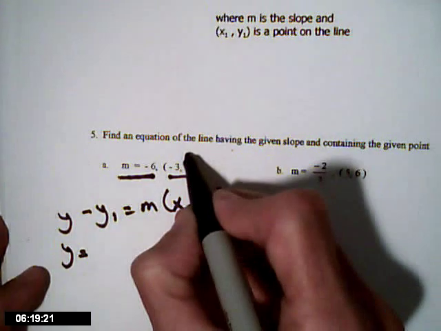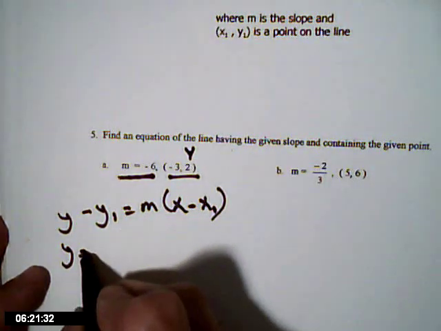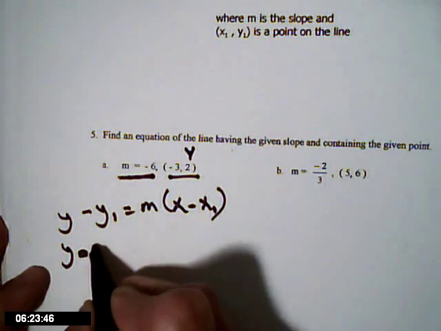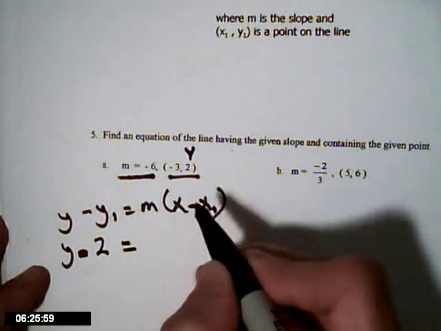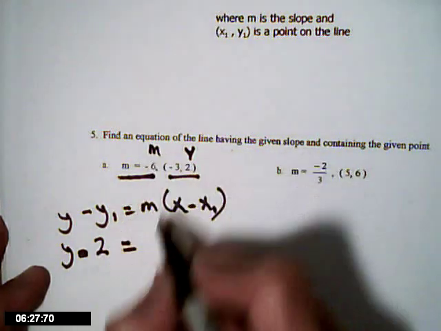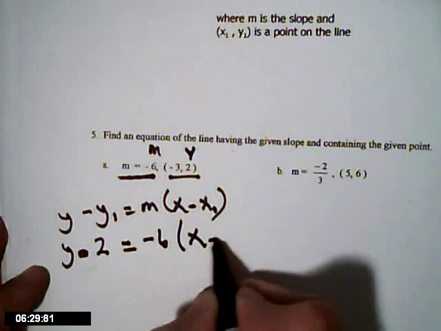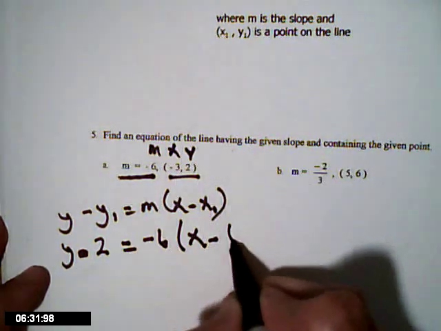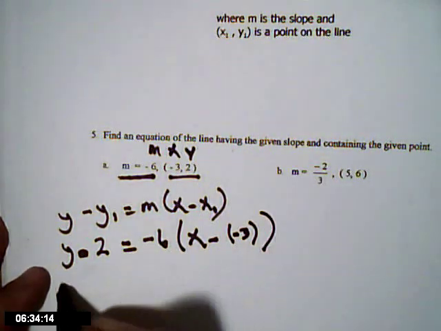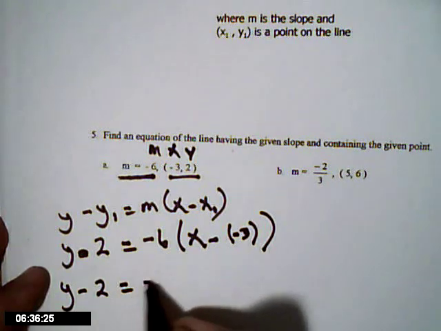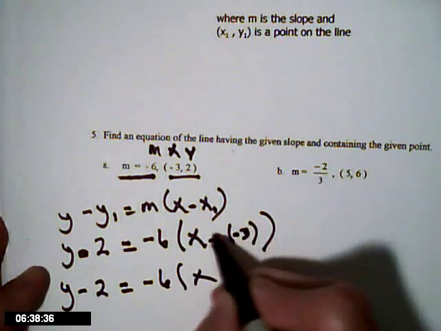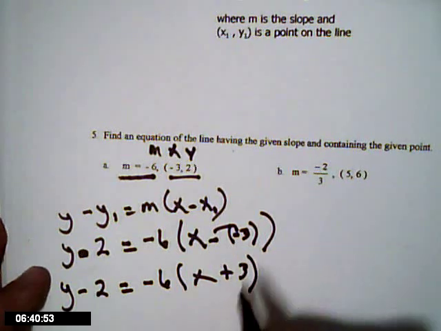Now I'm going to substitute. This is my y, so that's going to be y minus 2 equals m, there's my m, negative 6 times x minus, there's my x, negative 3. Now I'm going to do a little cleanup here, because 2 negatives is going to become a positive.